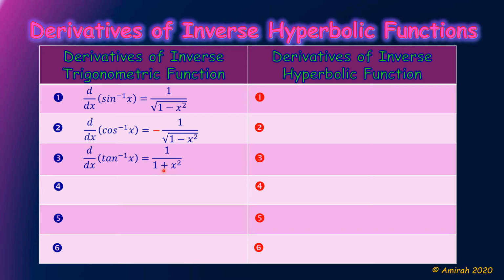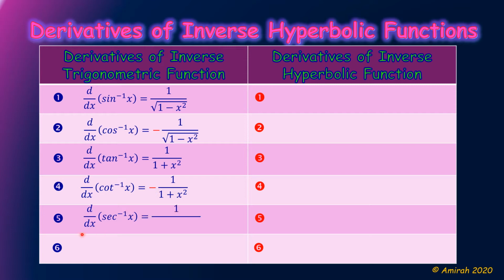No square root, and in between is plus. Formula number 4 is the derivative of inverse cot x equals negative 1 over 1 plus x squared. It is similar to the derivative of inverse tangent, but we have a negative sign in front.